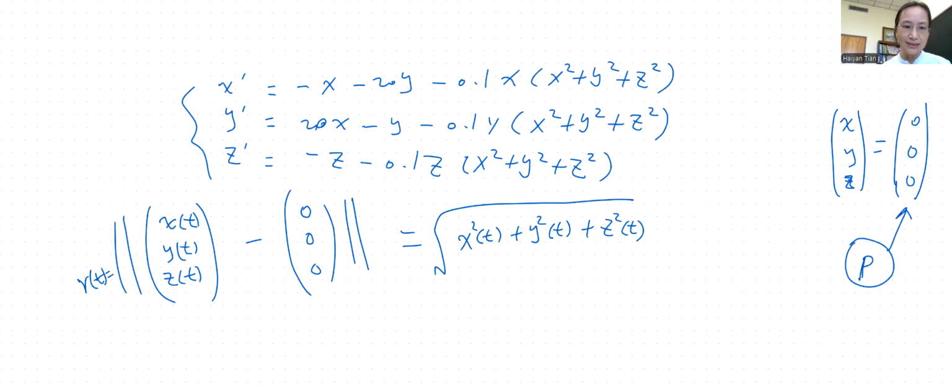That's the distance. And we want to see whether the distance is approaching 0. If it's approaching 0, that means the solution curve is approaching the fixed point. So that is some work we want to do.